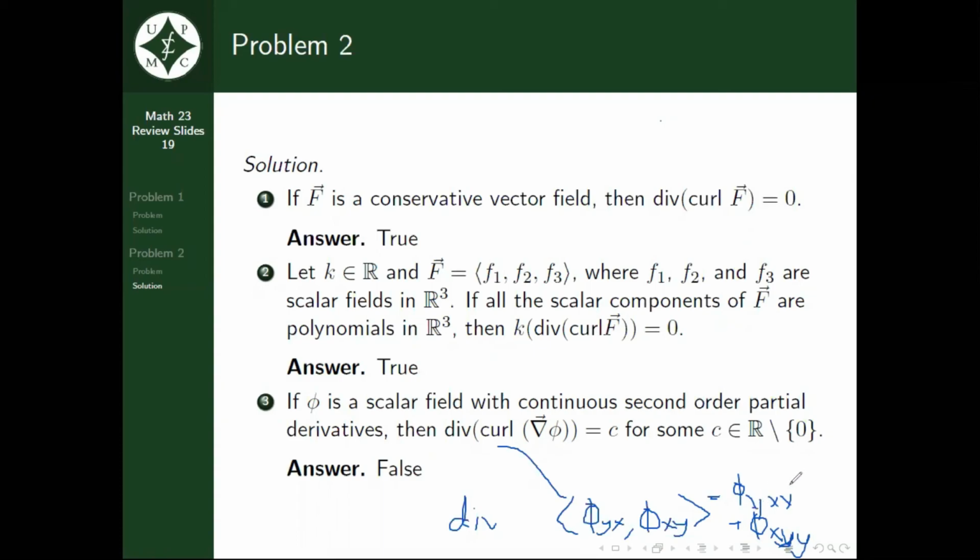Now, it only said that phi is a scalar field with continuous second-order partial derivatives. Actually, this has an implied meaning: the first order partial derivatives are continuous as well. However, we cannot guarantee that the third order partial derivatives exist or are continuous on the same domain.